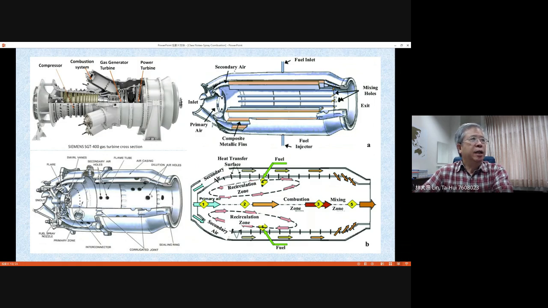And later on, you can see there are several stages of turbine. For the stationary gas turbine, they have more stages because they deliver a certain power to drive the compressor upstream, but most of the energy output will drive the electricity generator.